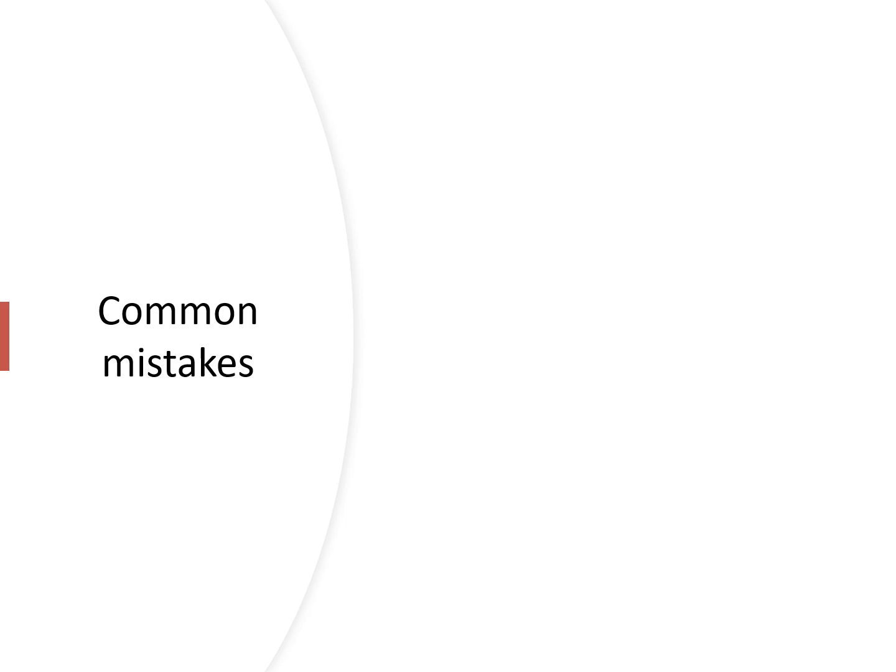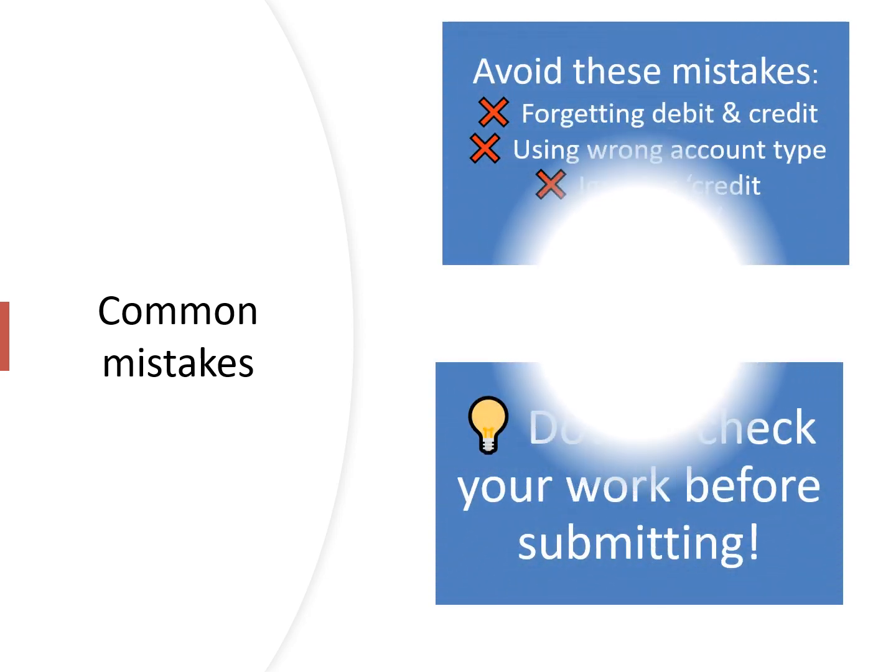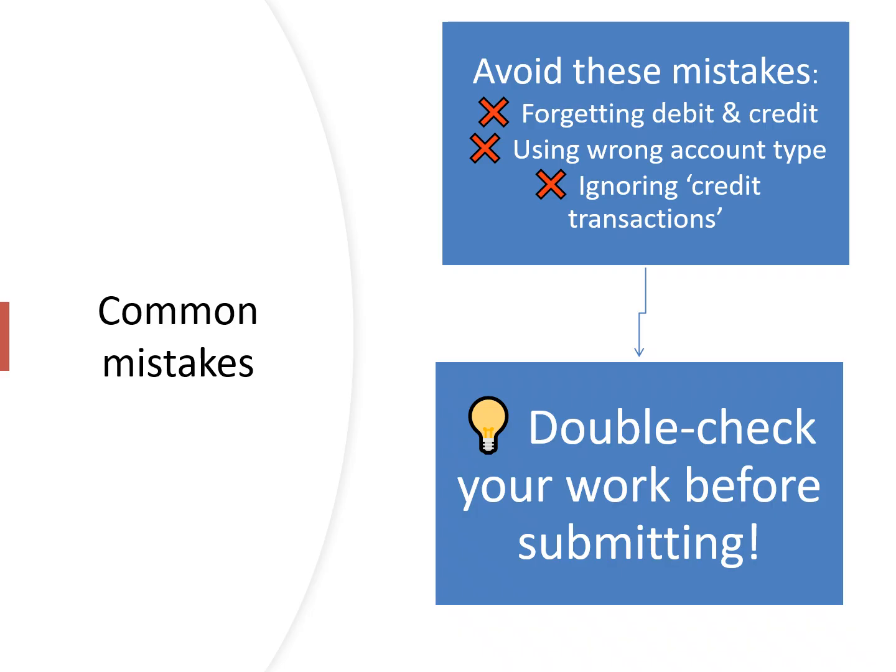Now let's look at the common mistakes that students or business owners make. Let's try to avoid these mistakes. Some of these mistakes are forgetting the debit and the credit. Another mistake is using the wrong account type. If you use the wrong account type, you will get it wrong.